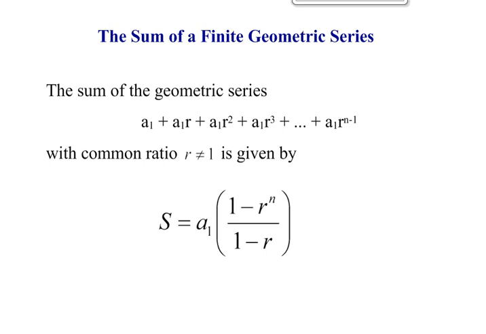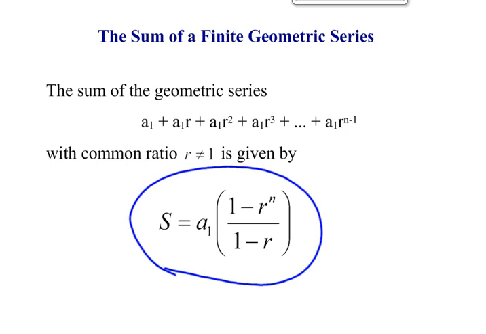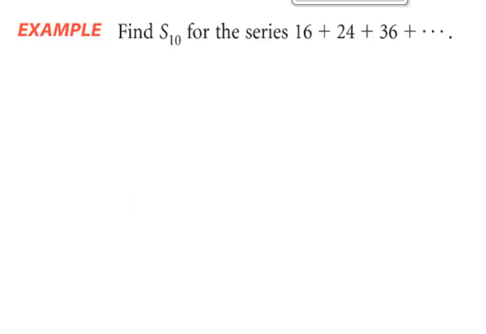So when given a problem, we identify it as a finite geometric series, and we know to apply this formula. All right, so here's our example. Find S sub 10 for the series 16 plus 24 plus 36 plus dot dot dot. Okay?